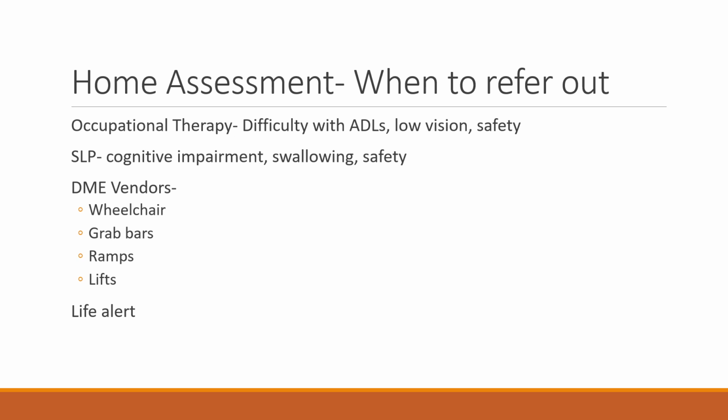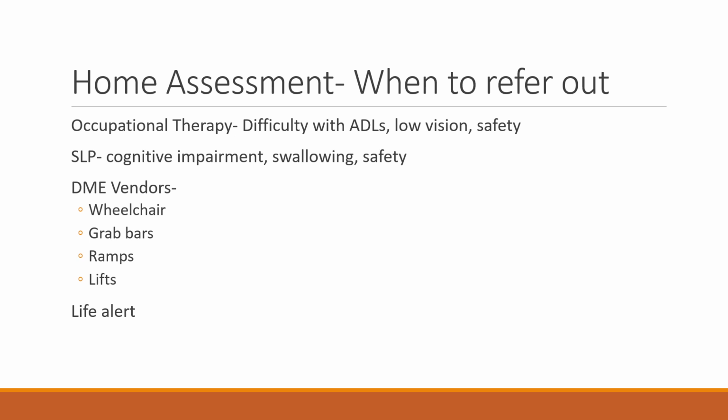OTs can also help with strategies if vision is affecting their day-to-day function. Speech therapy can also help if someone presents with cognitive impairments, swallowing, and obvious speech concerns. And as you can see, with PT, OT, and speech, we are there to make sure that our patients are safe.